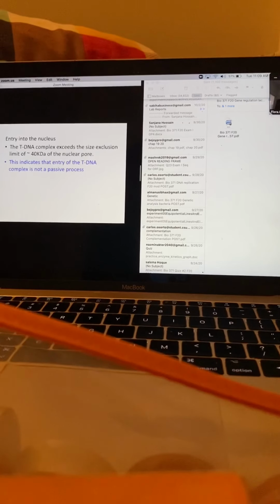And so, indicating that the entry of tDNA is not passive, you're going to require a lot of proteins, including chaperones present in the plant cell to make this entry. For example, the 20 kb tDNA strand from the nopaline Ti plasmid has a total mass of 50,000 kilodaltons.